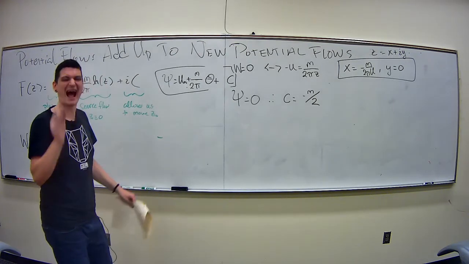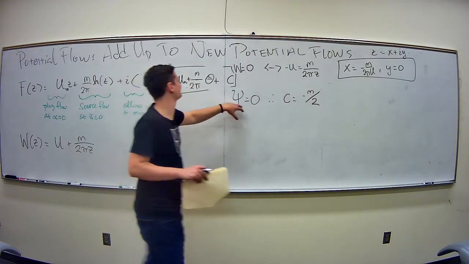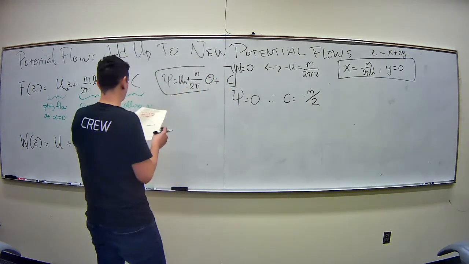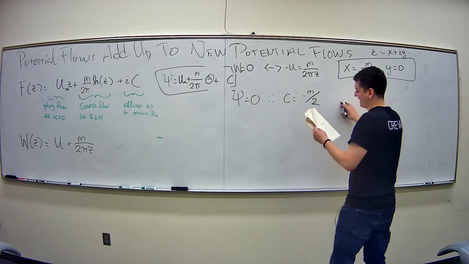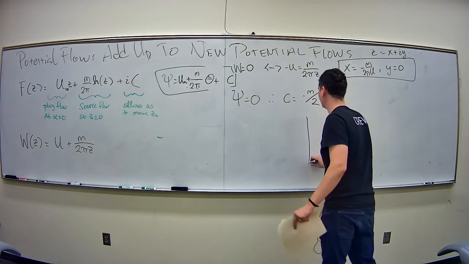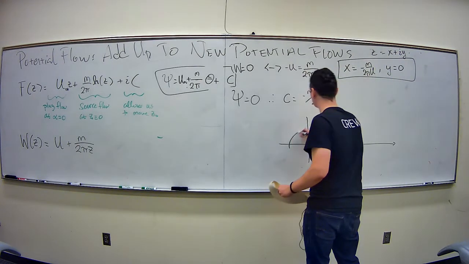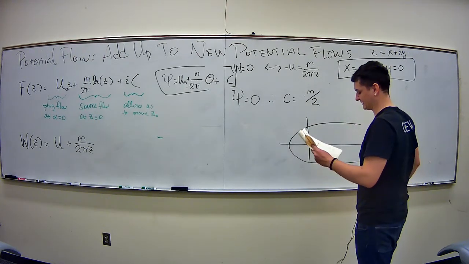Importantly, everything with the i in front of it ends up being a stream function. So from this, here's the stream function. When it's 0, that means this has to hold. So this is true then. And now we can start plotting some things. So now I have a smoothish blunt body like this.